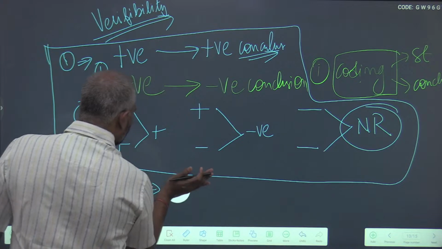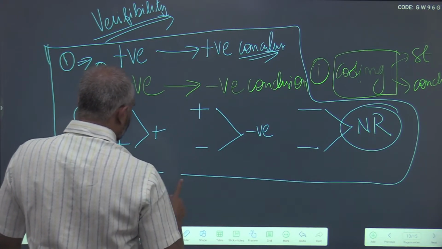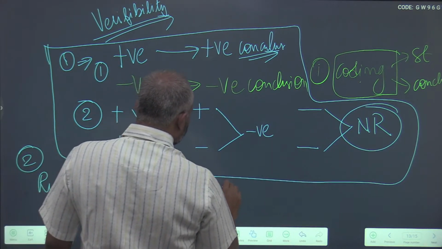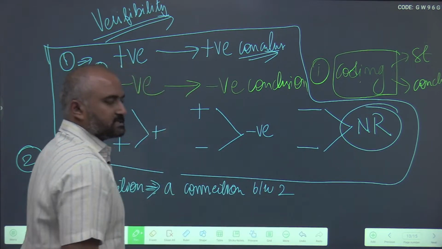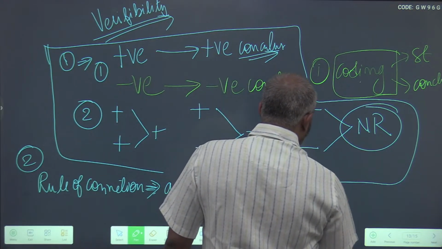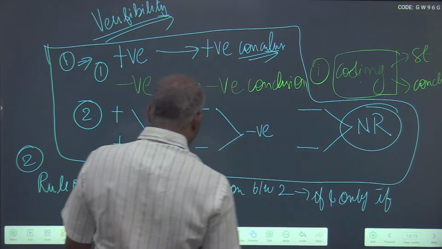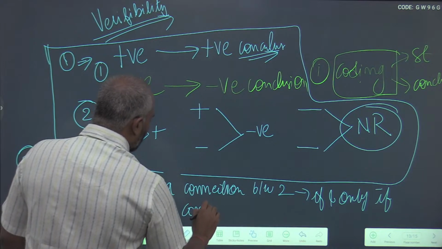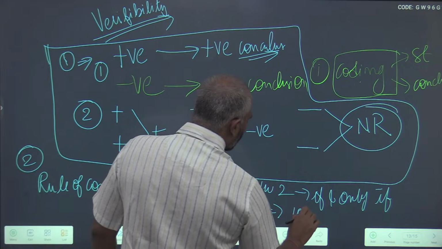It says that a connection between two statements can be established if and only if the common element attains a value of 100 at least once.